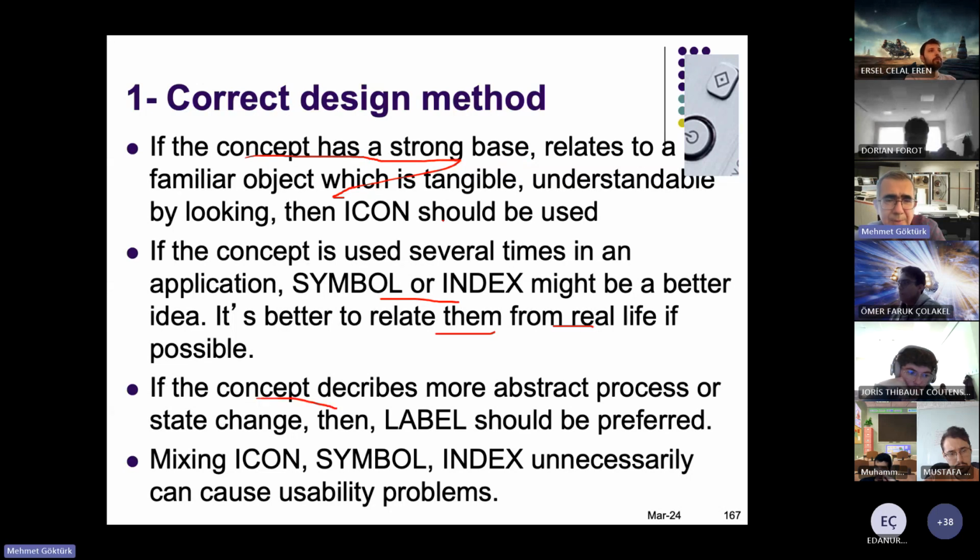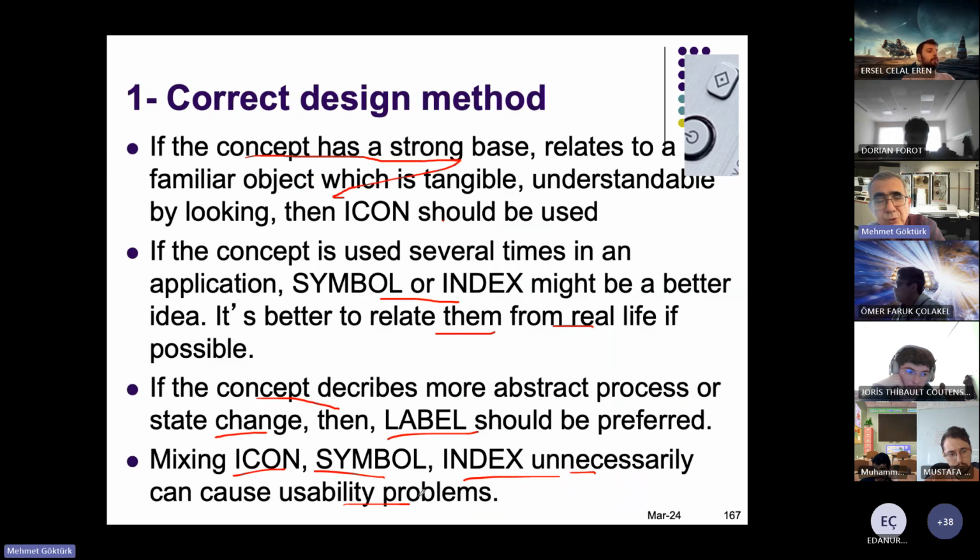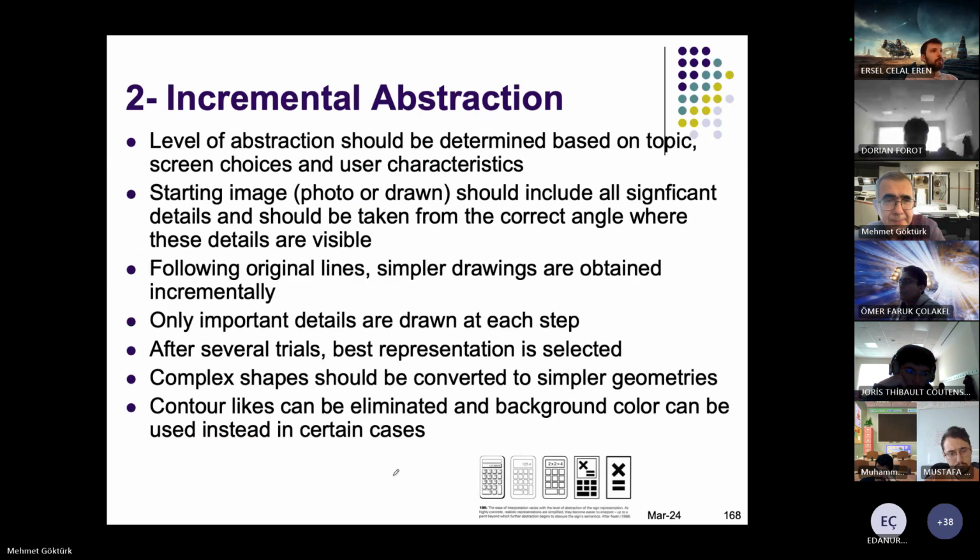If the concept describes more abstract process or state change, then labels should be preferred. Mixing icon, symbol, index unnecessarily together can cause usability problems. For example, here, they're all from the same family. If you use one icon, one symbol, and one index, then you create problems.